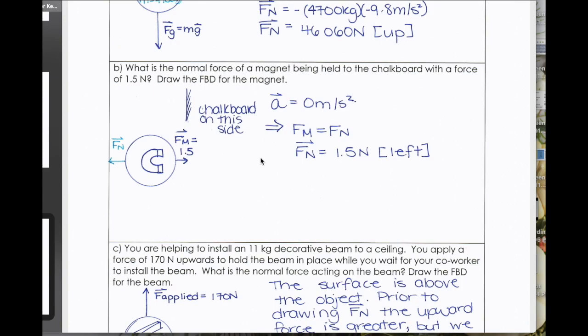What's nice about this problem is they've already given the force, so we know that if the magnet is not moving, the normal force is going to be equal but opposite. So if the magnet force was pulling it to the right, the normal force is going to be applied in the left direction, so 1.5 newtons to the left.